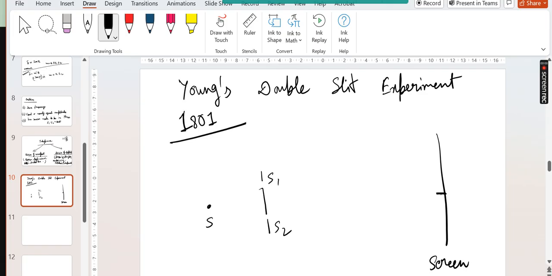So if the distance between the two pinholes is a, the distance between the pinholes and the screen is capital D, and there is a point at ym, this is the midpoint basically.